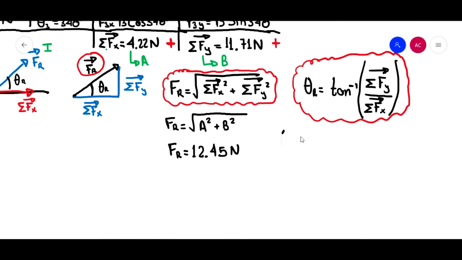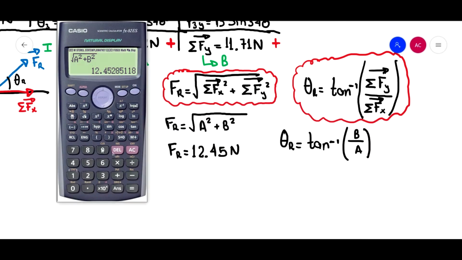And the resultant angle equals tangent inverse of Fy. I saved it in B, so in my calculator it will be B over A. So let's do it. Tangent inverse of fraction alpha B over alpha A. And equal.